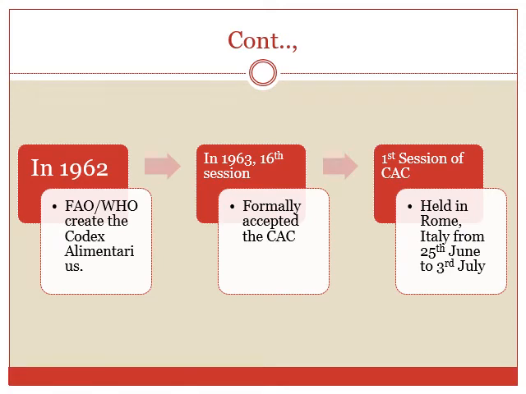Continuing with the establishment of Codex Alimentarius. In 1962, the Joint Conference of FAO and WHO for Food Standards requested the Codex Alimentarius Commission to implement their joint FAO and WHO program for food standards, and at the same time to create the Codex Alimentarius.